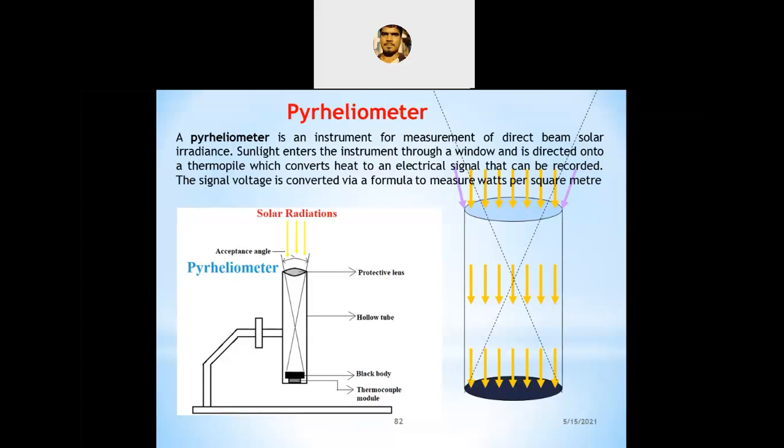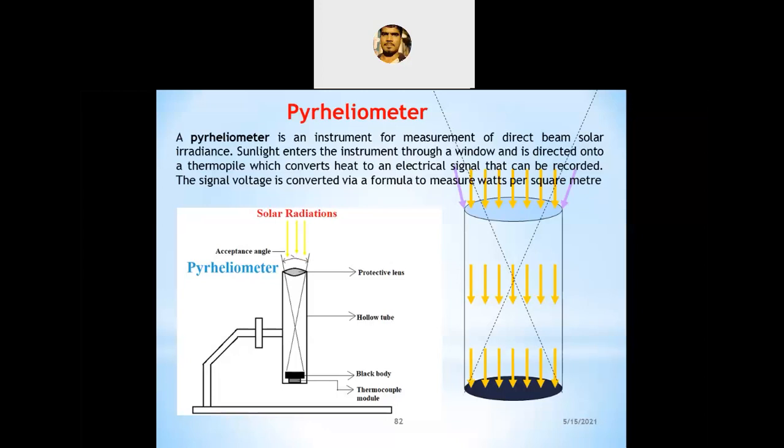But in current practice in solar radiometry, we are using thermoelectrical transducers. Thermoelectrical transducers are used to measure the current induced in the circuit. They are relatively low cost, and photovoltaic transducers are also becoming more popular.